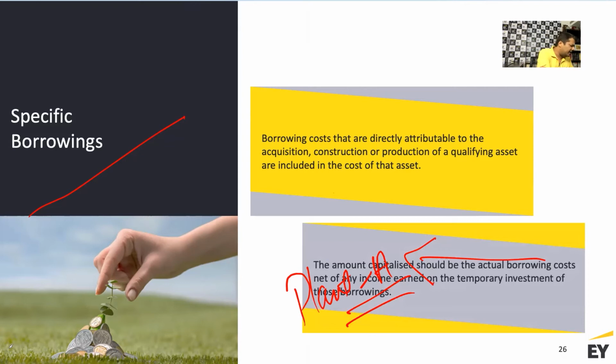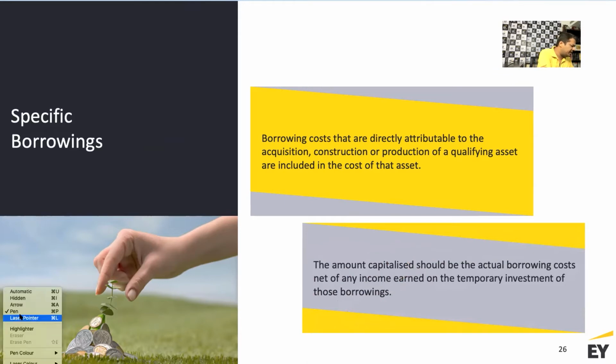Now, the other element of specific borrowing: the amount capitalized should be the actual borrowing cost, net of any income earned on the temporary investment of those borrowings.